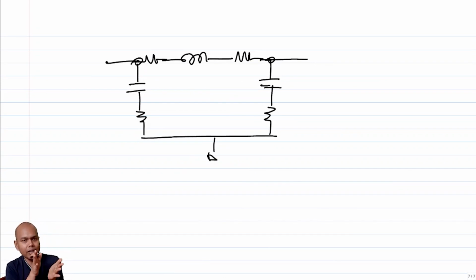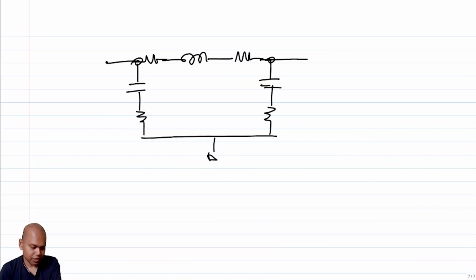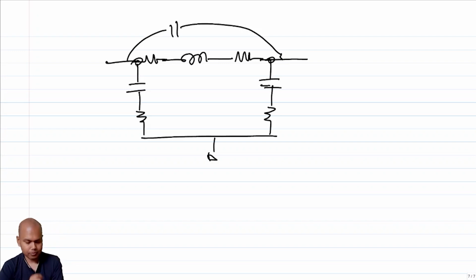So there will be a capacitance between those two terminals also, because of the physical proximity of the wire. Not only that, you have a distributed capacitance simply because these wires are also co-located physically close to each other, which means you will probably have a capacitance connecting these two terminals as well.